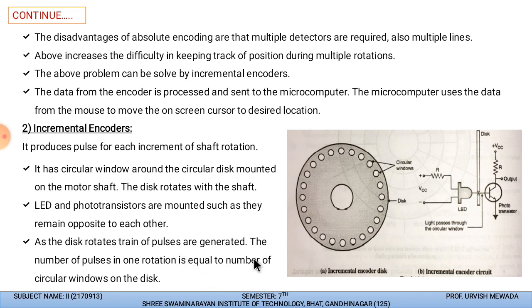These are the holes which are created. In one rotation it counts the number of times the light penetrates through the disk, because of the shape of the disk.